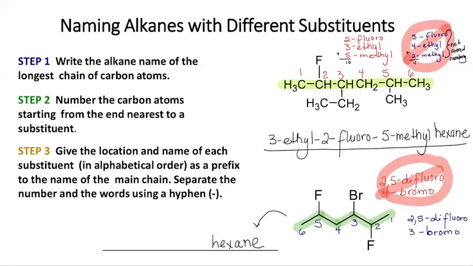So since the blue arrangement, okay, comes first, or is the correct numbering, how do I write my substituents? Who comes first?